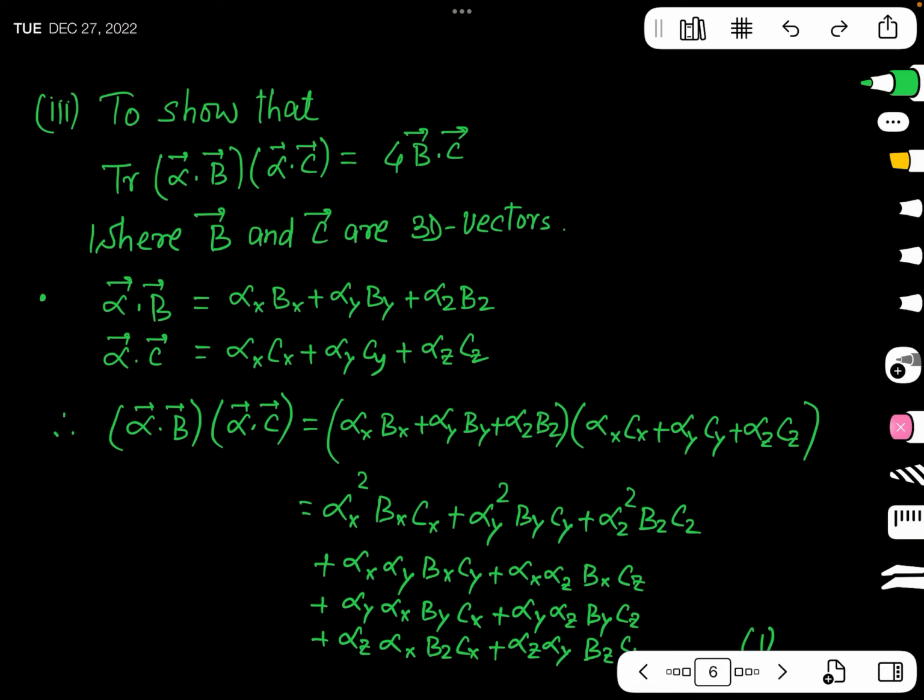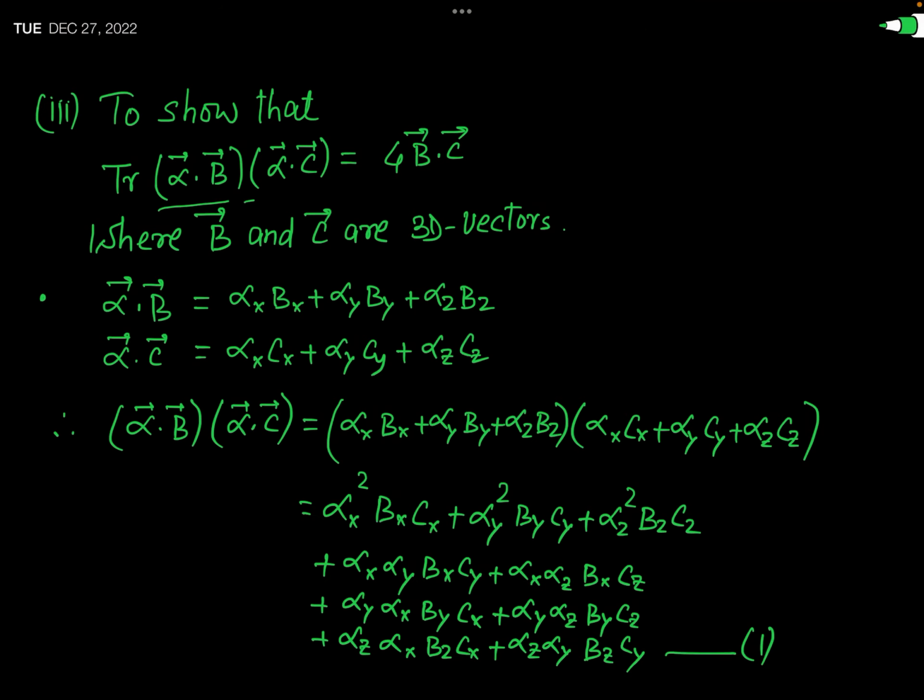Now finally we will solve the third part of our problem. In the third part we have to show that the trace of alpha dot b times alpha dot c is equal to 4 times b dot c. This result is to be proved. Here, as I have told you earlier, b and c are ordinary three-dimensional vectors.